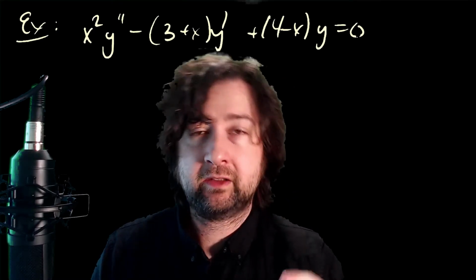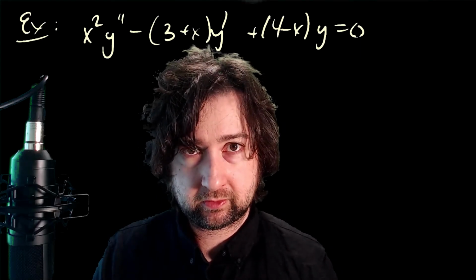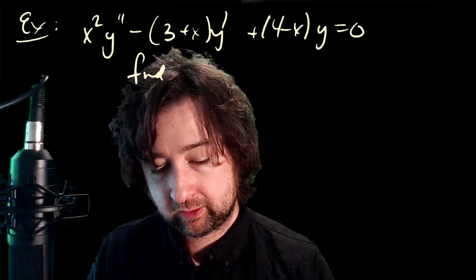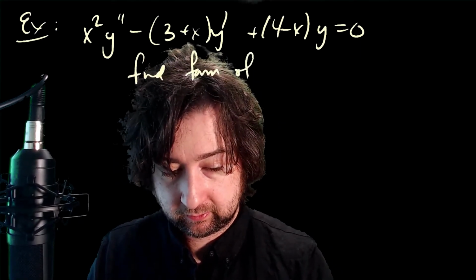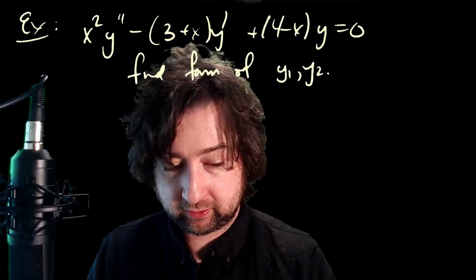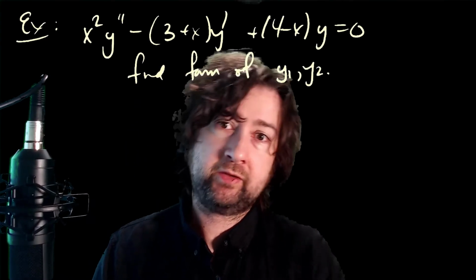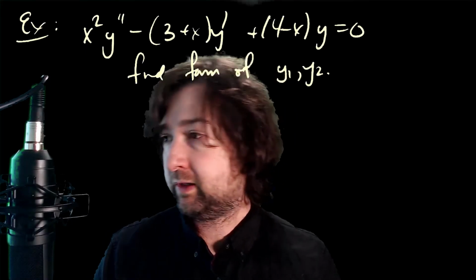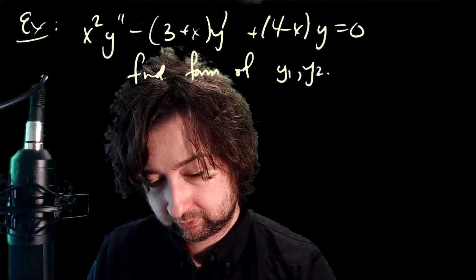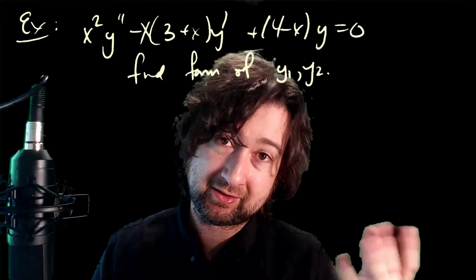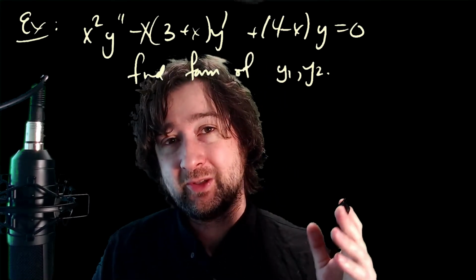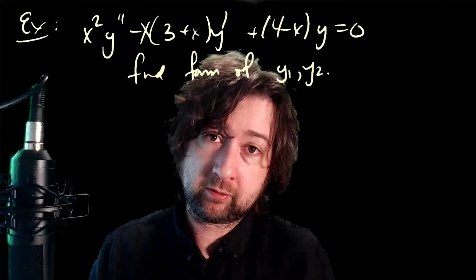We're being asked to find the general form of the solutions. So we want to find the form of y1 and y2. It would be in standard form after I put the x there that was supposed to be there. So I know that I've got a regular singular point at 0.